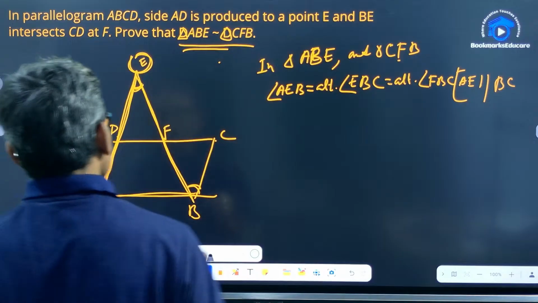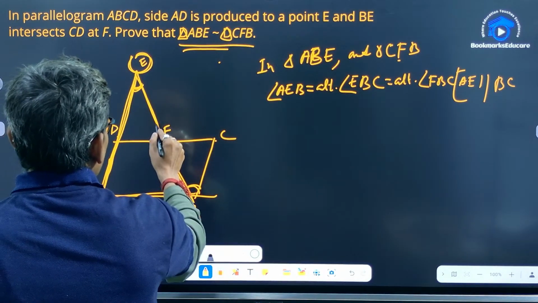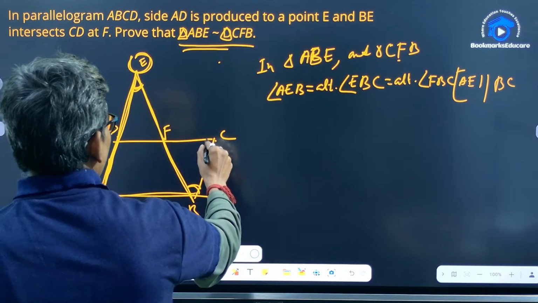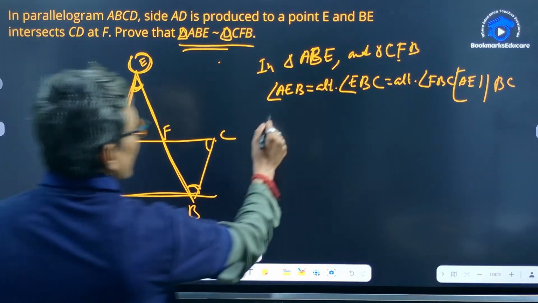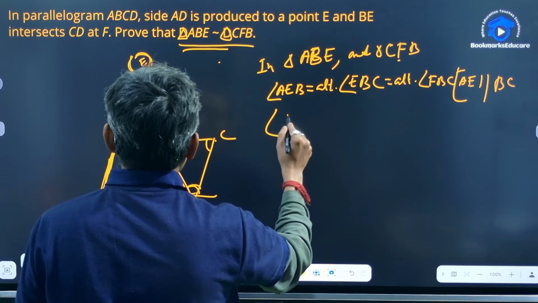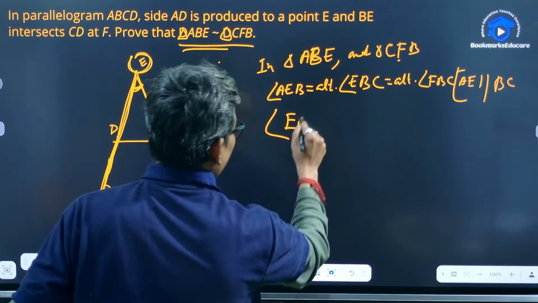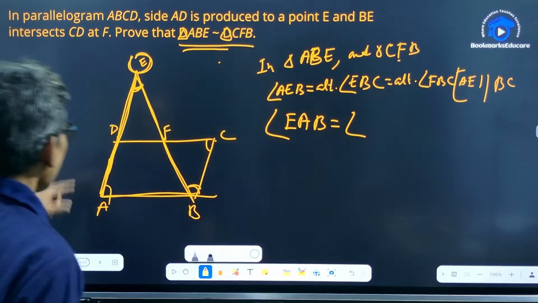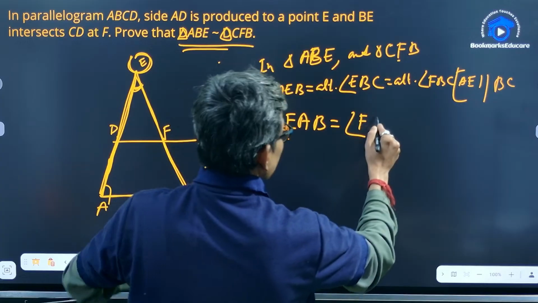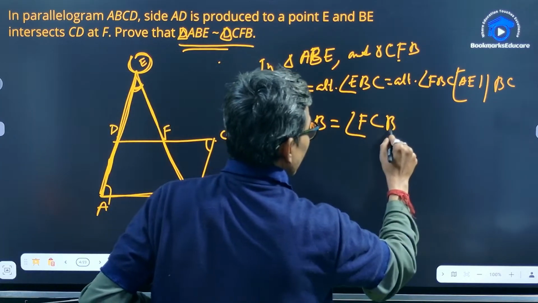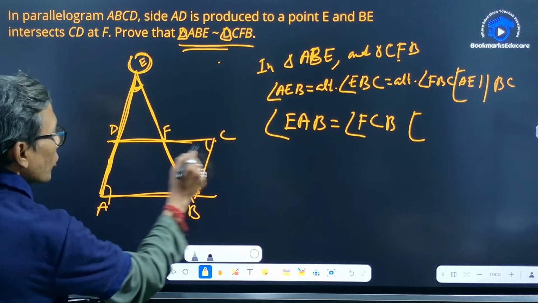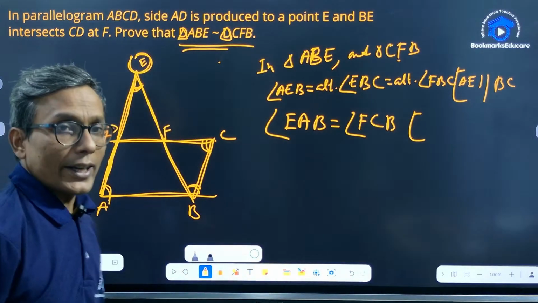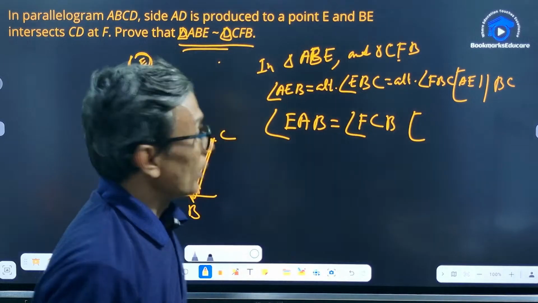And the other, angle DAB is equal to angle FCB, because these two angles are opposite angles of a parallelogram. So opposite angles in a parallelogram must be equal to each other.